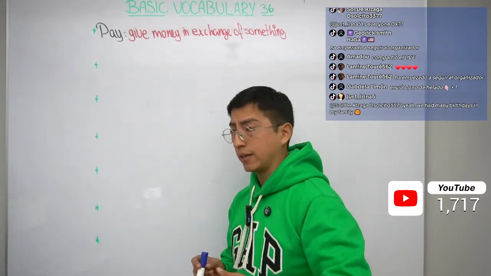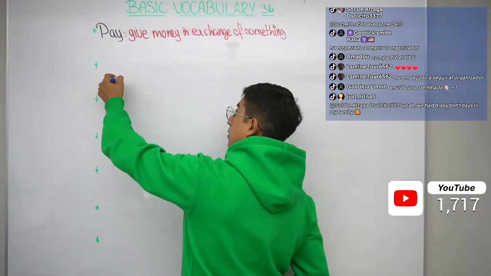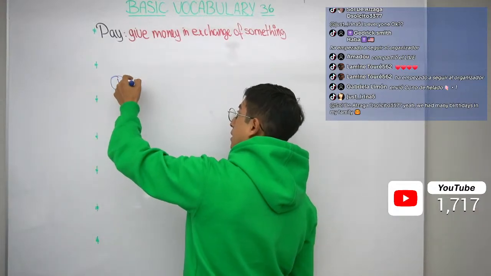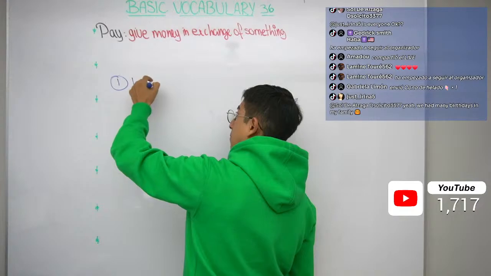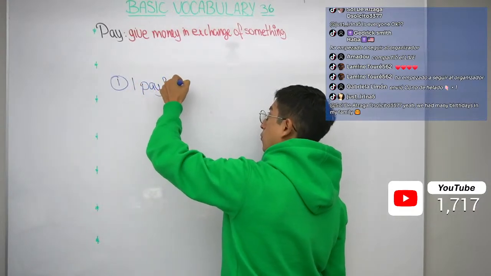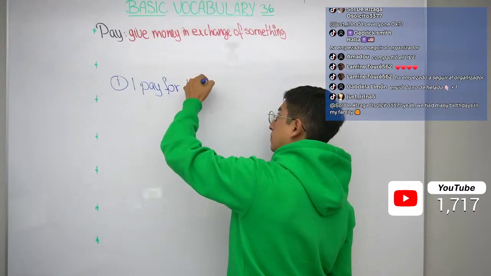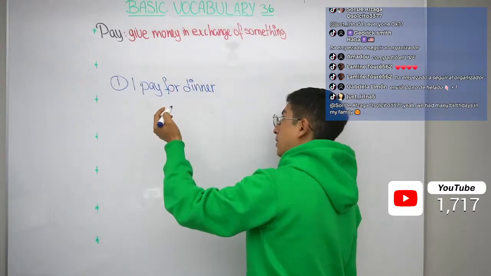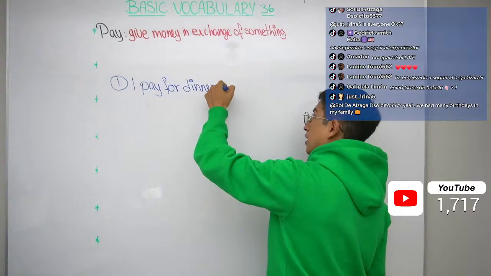Number one, for example, I pay for dinner. I pay for dinner tonight.